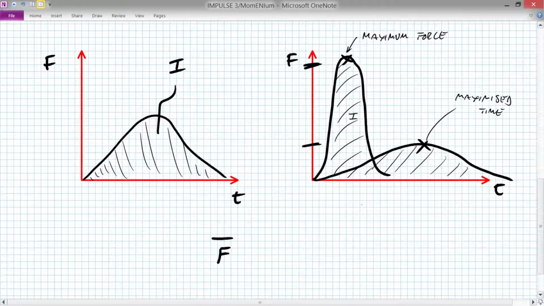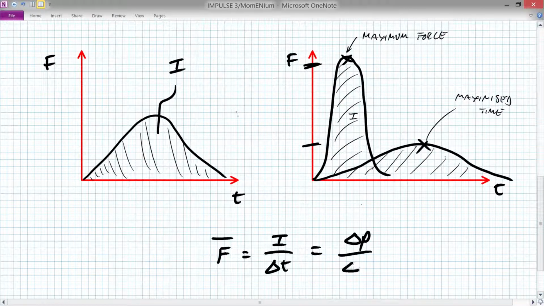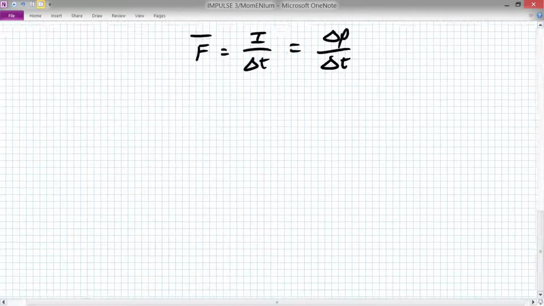So I'll call that F bar, and that will just be equal to the impulse over the time that collision happens, or if you like, it will be the rate of change of momentum. So it will just give us an average force as opposed to plotting a graph and finding the maximum force in these places. So that's impulse, just a brief recap of impulse. So I'll just rewrite that up here.